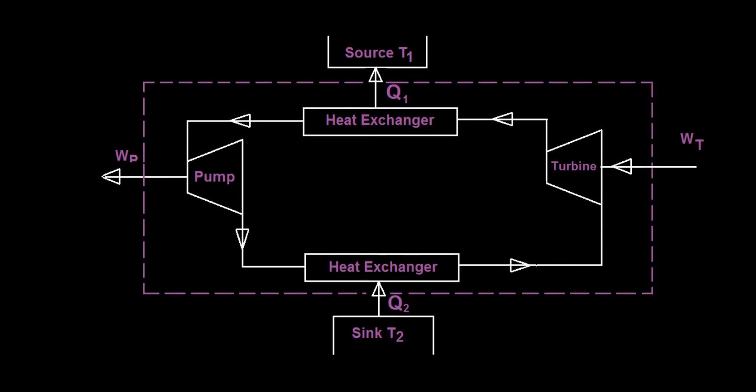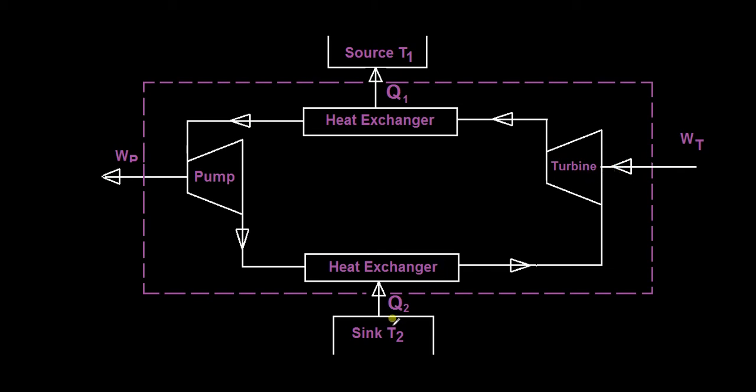I have shown here a reversed Carnot cycle. If you remember, we had heat transfer from T1 to the heat exchanger, which is now reversed from the heat exchanger to the source at temperature T1. And in the Carnot cycle, we had work transfer coming out from the turbine out of the system, and here it is given into the turbine, so that is going into the system.